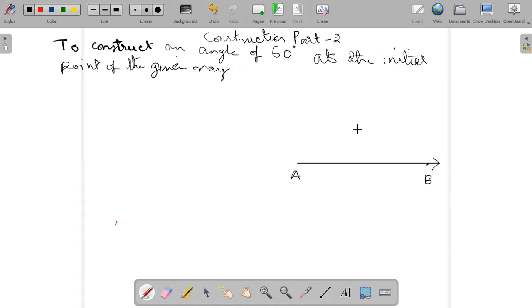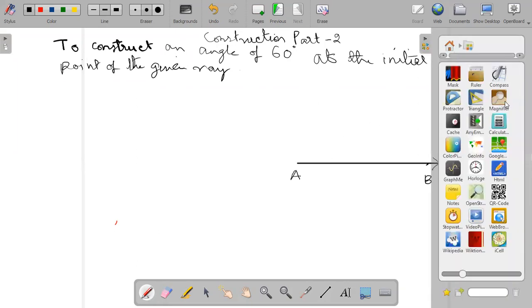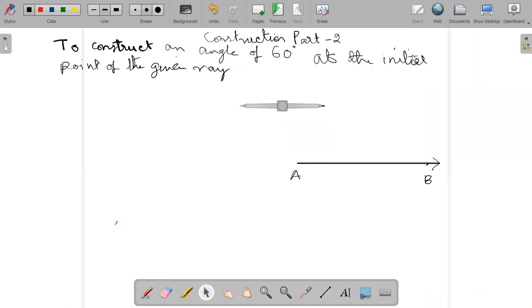We have to draw the angle of 60 degrees at A. So take the compass. If you take any radius of this compass, it is up to you. You can take any radius and keep it here.